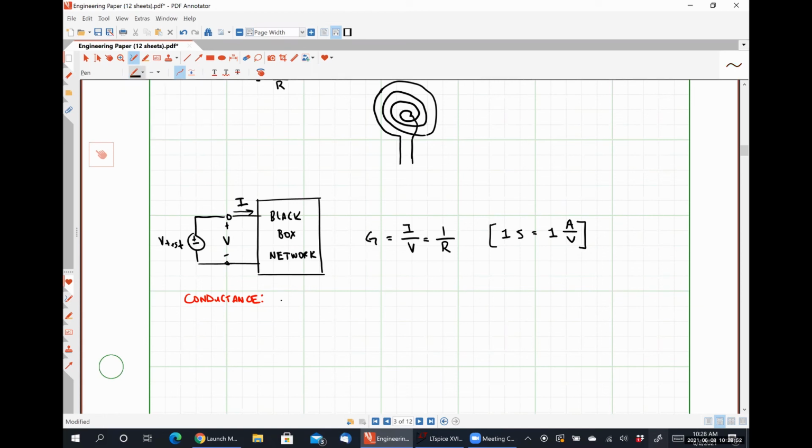Conductance is a measure of how easy it is to pass current through a circuit element.